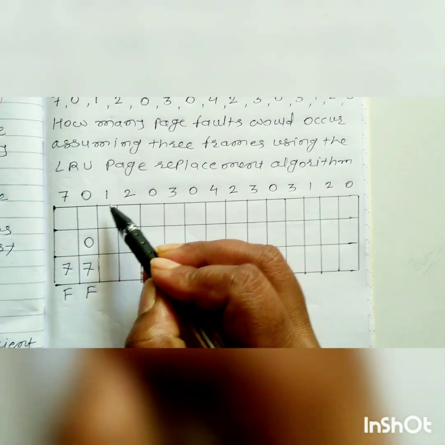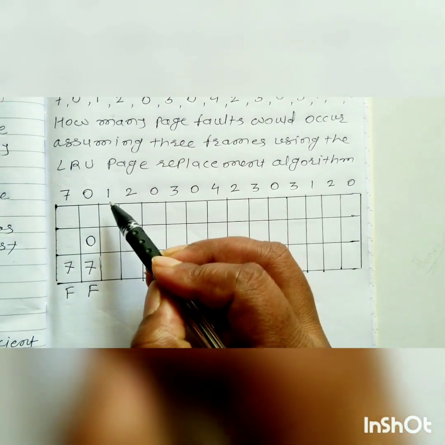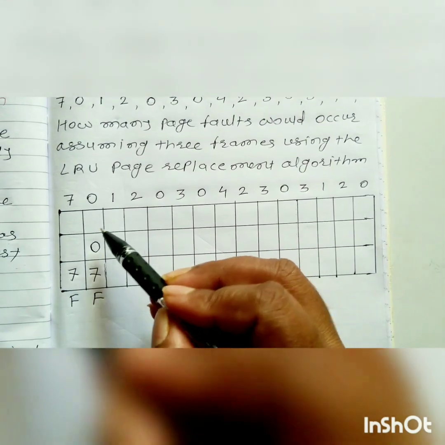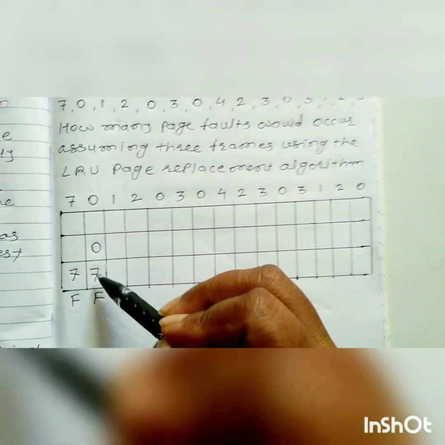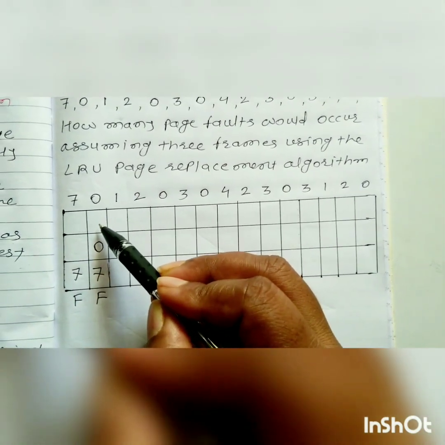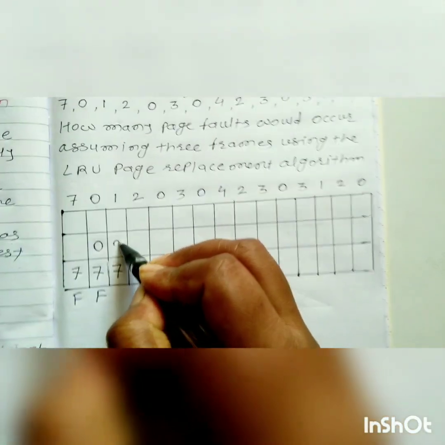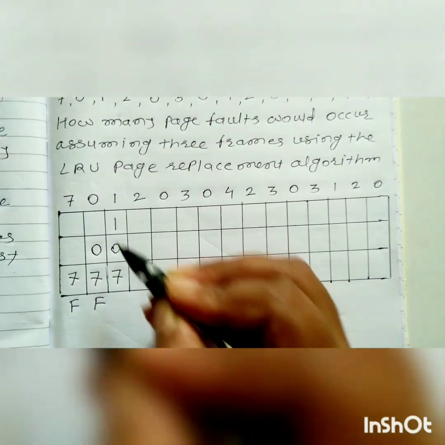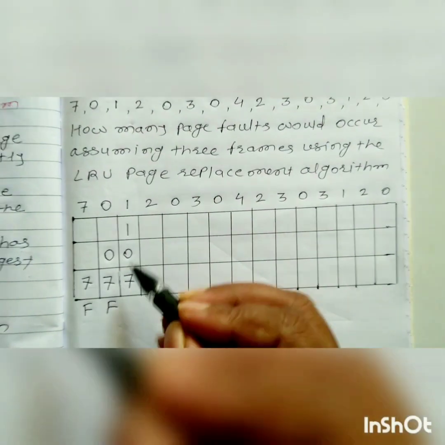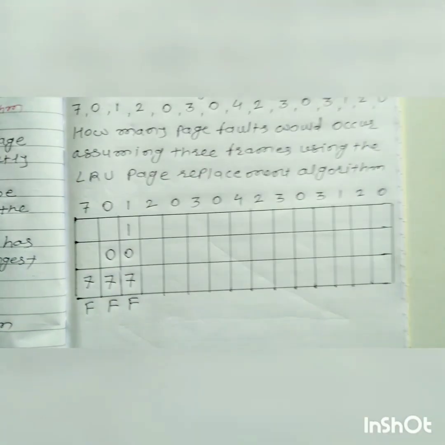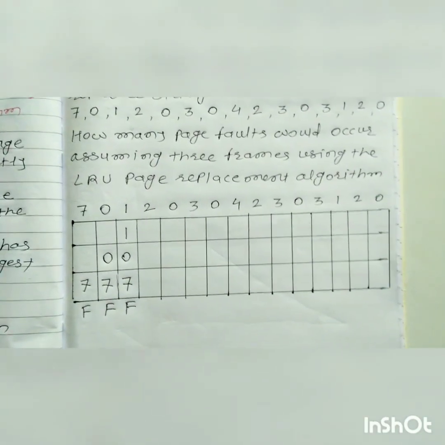The next page you have to insert in the main memory is 1. If you see the previous frames, the third frame is empty. Simply place this 1 in the third frame, and again this 1 is not there in the main memory. This is a page fault.